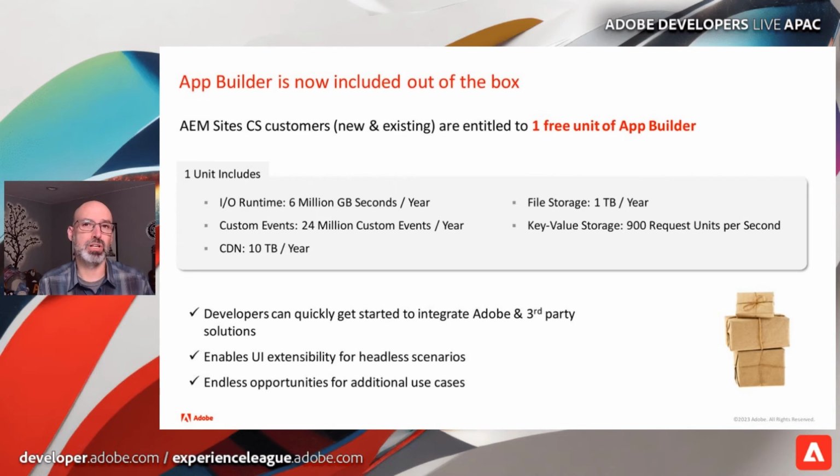If you want custom renditions, maybe you have some special way that you want to process images that isn't out of the box, you can use App Builder for that. So that one free unit probably would cover any UI extensibility stuff that you would want to do, and then you'd have hopefully plenty of space left over to do something around AEM Assets custom workflows.